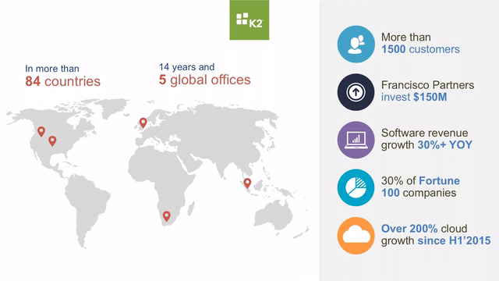On the right side, there's some high-level marketing information for you to take away. I don't want to emphasize them all. Let me just point out a recent insight that more than 30% of the so-called Fortune 100 index are already K2 customers, which is a nice indication of the level at which the software is being used.